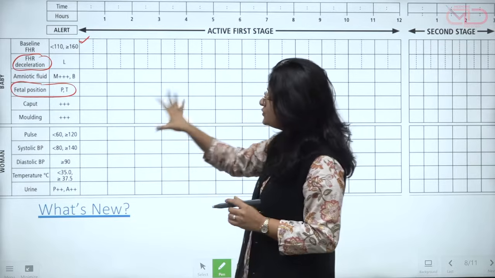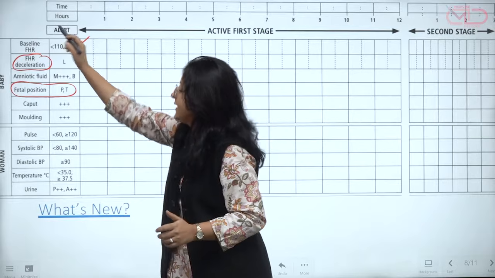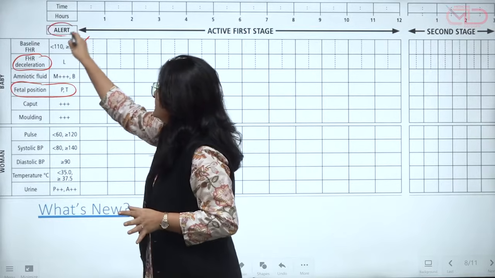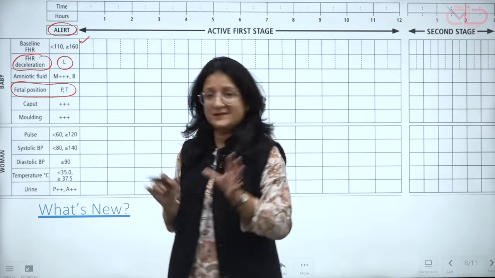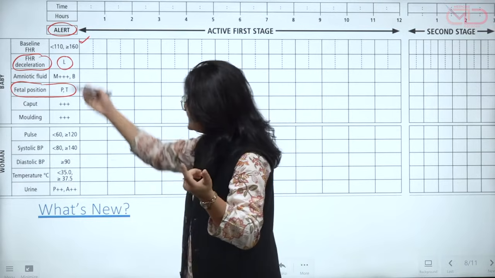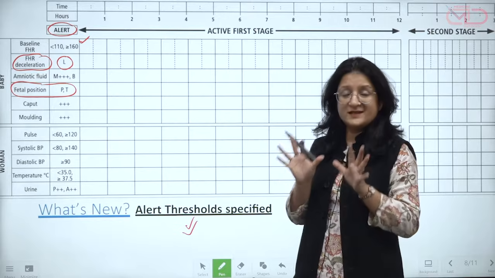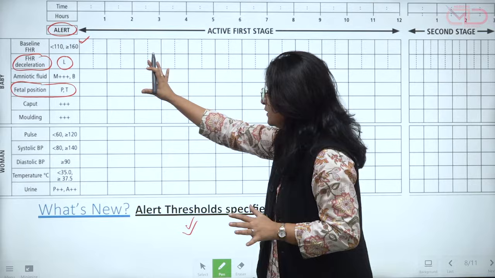And what we also see here is that alert thresholds are defined. Like for example, L for late decelerations. So that is an alert threshold we need to be aware of. And similarly for the rest, specific alert thresholds are defined for ease of assessment.